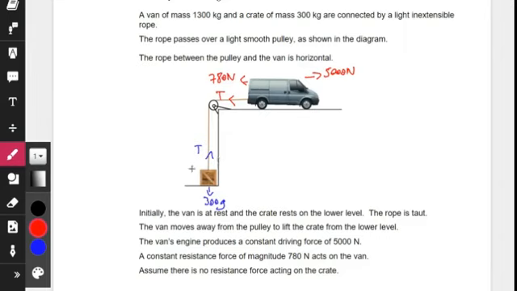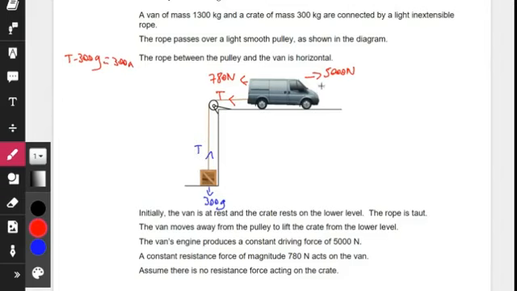Using the fact that up is positive, down is negative, I know you guys like that: T minus 300g is equal to the mass of the crate, which is 300 times a, as it's accelerating upwards.